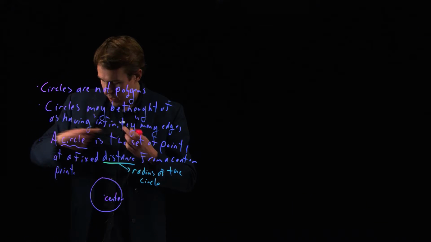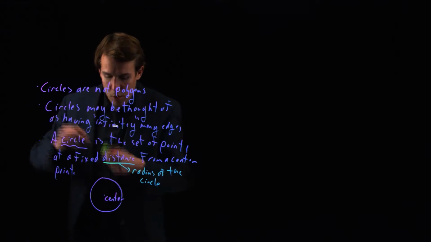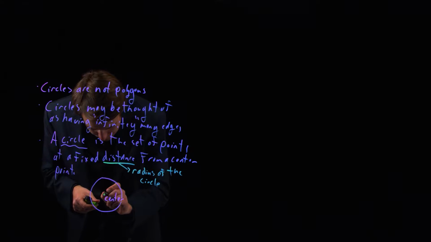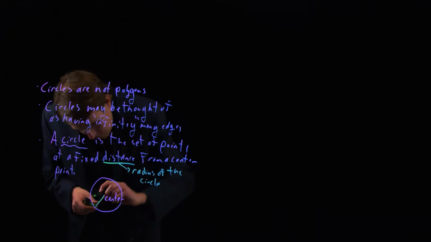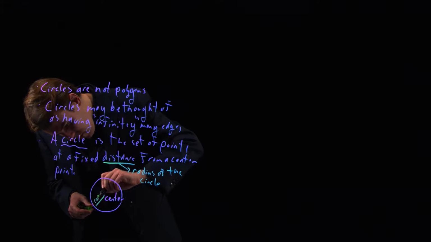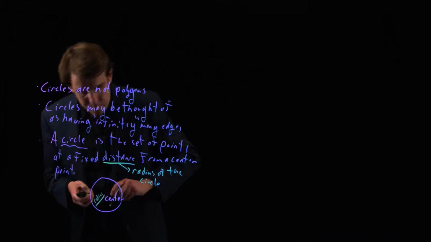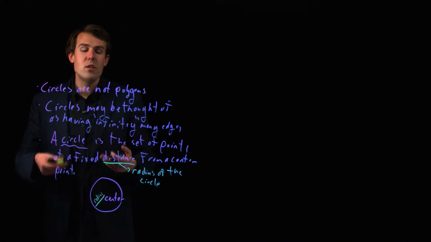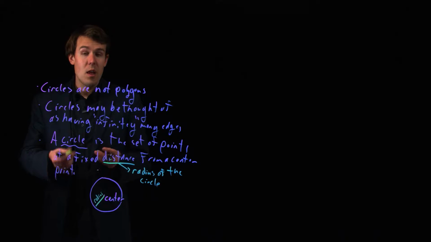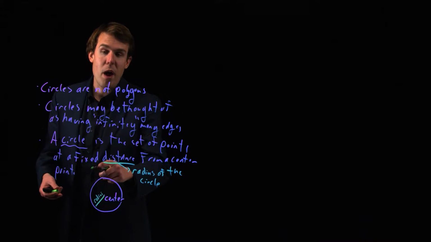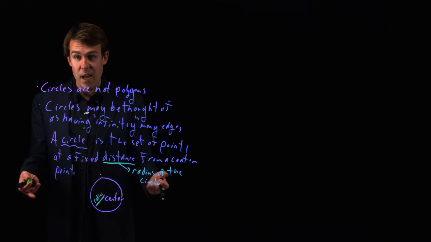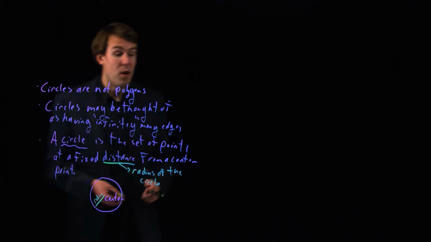And the distance from the center is what's called the radius. The important geometric properties of a circle, like the distance around it and the area it contains, can be understood in terms of the radius.